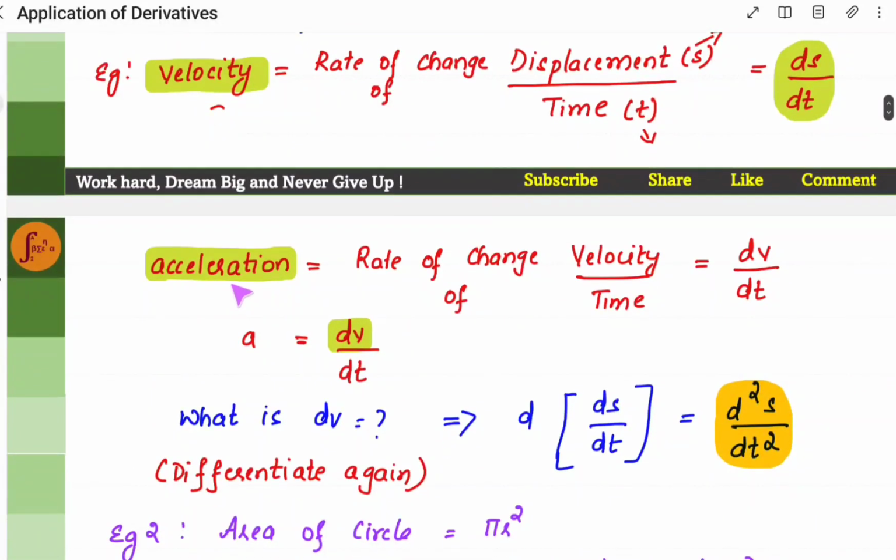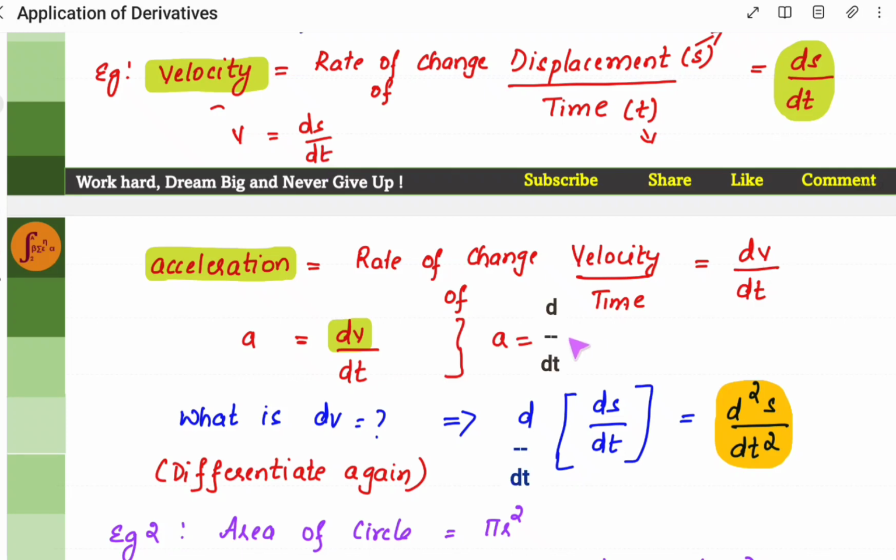Similarly, what is acceleration? The formula for acceleration is nothing but the rate of change of velocity with respect to time. Rate of change of velocity is nothing but dv by dt, right? We know v here is equal to ds by dt.